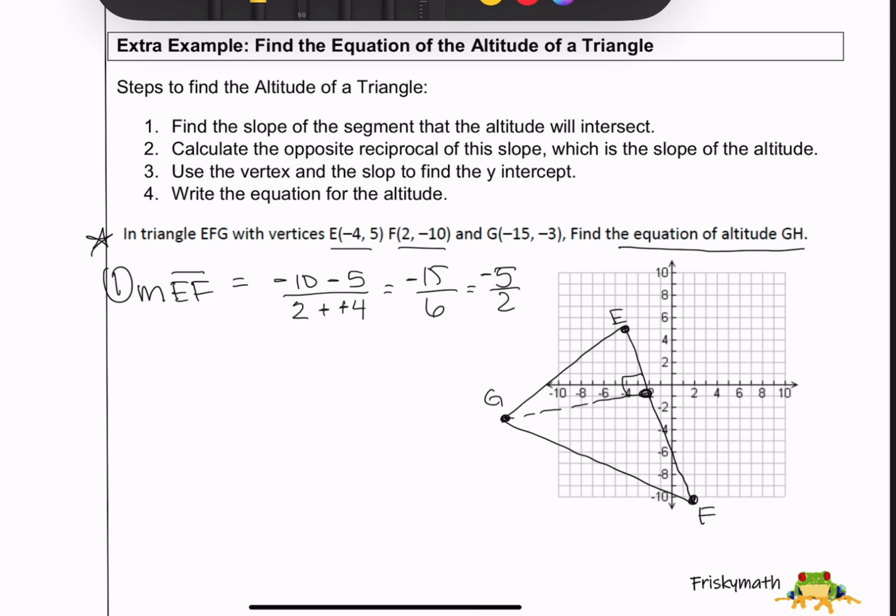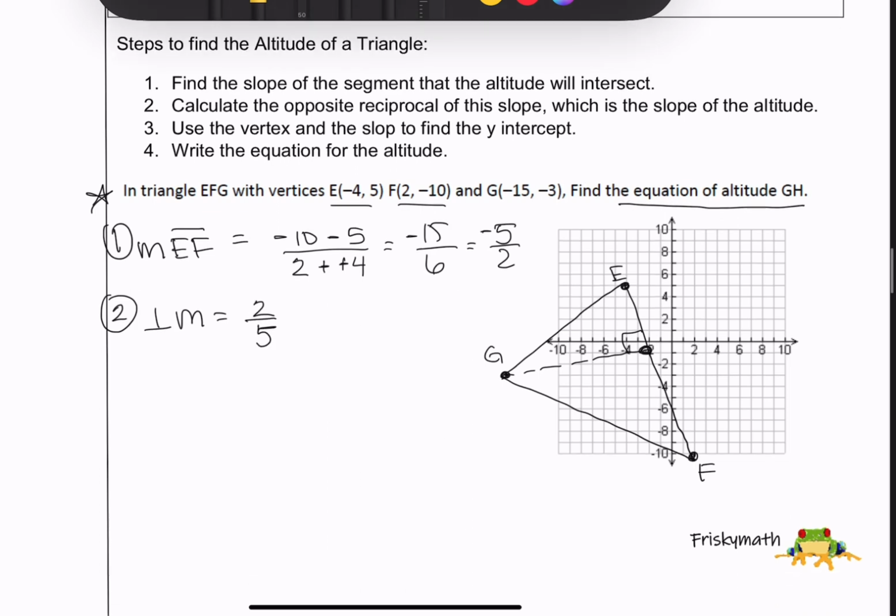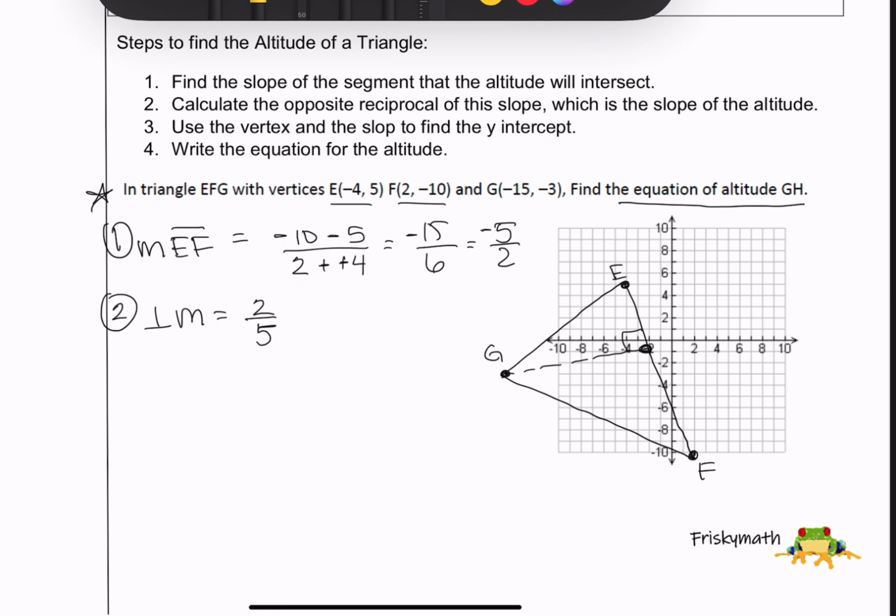Now, step 2, you want the perpendicular slope, and this will be the slope of the altitude. The perpendicular slope would be the opposite reciprocal, so it'll be positive, and we flip it, so 2/5. I have a misprint in my handout, so let's fix that to slope. Step 3, use the vertex and the slope to find the y-intercept.